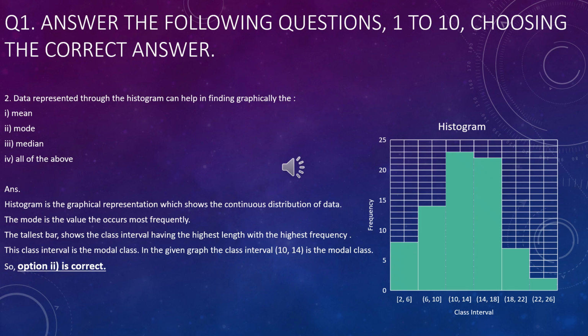The tallest bar shows the class interval with the highest frequency. So here in the graph, we find that the class interval 10 to 14 has the highest frequency. So this is the modal class. So the class interval 10-14 is the modal class, and option 2 is correct, which is mode.